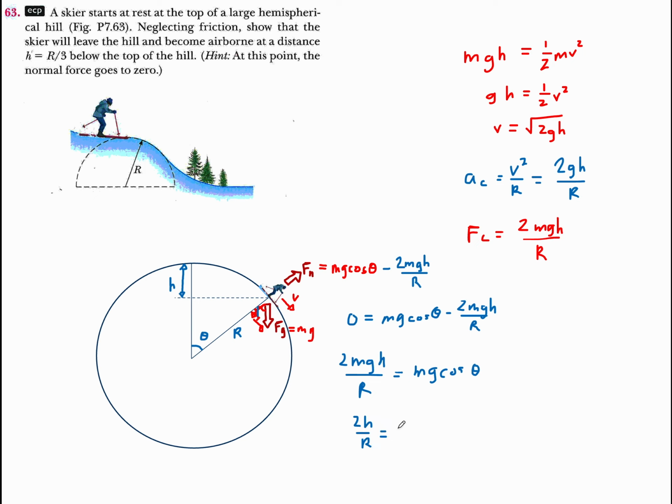And this is the instant that this whole thing goes airborne, where the normal force drops to 0. But I still have h in here. I need an expression for h over here in this triangle, and we can do that really quick. If you look at this right triangle down here, this is r. So this side over here, from here to here, is going to be r cosine theta.